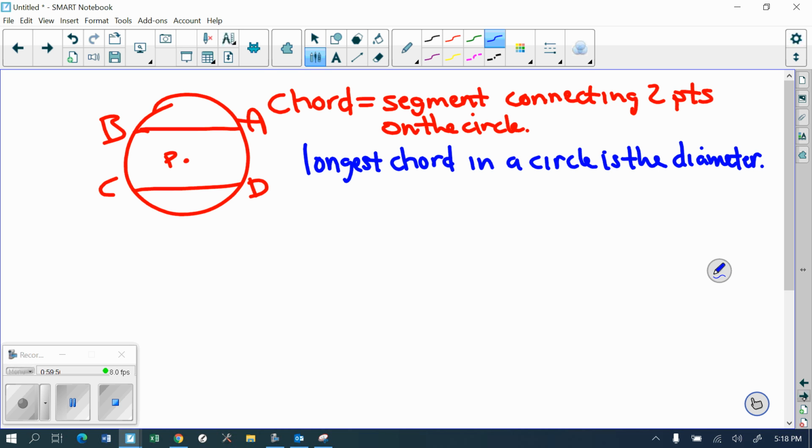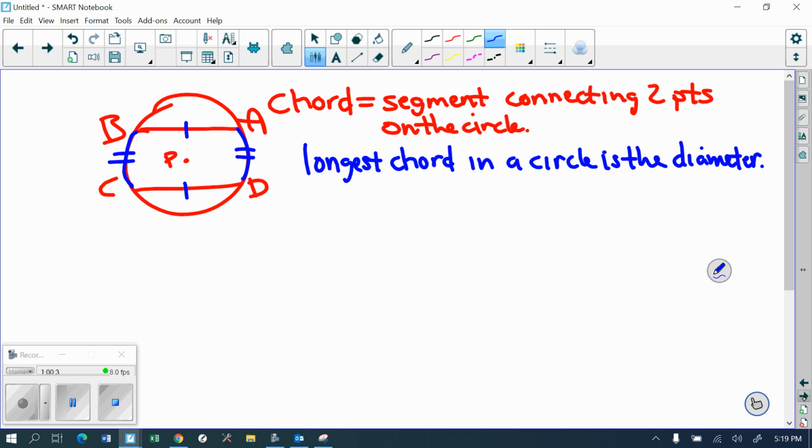That's the longest chord. So the closer the chord is to the center of the circle, the longer the chord is. The further the chord is away from the center, the shorter the chord is. If chords are congruent, equal length, then the intercepted arcs between them are congruent in length. I'm just saying it, not writing all that out in words.